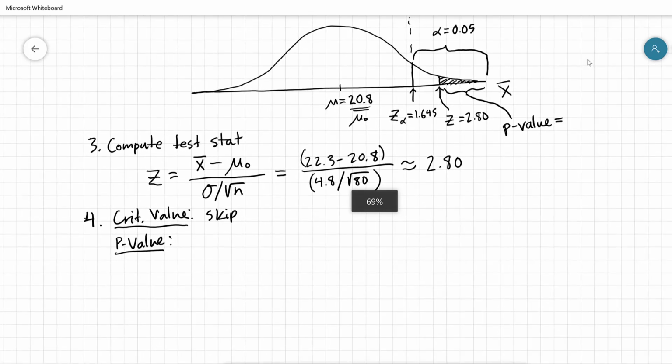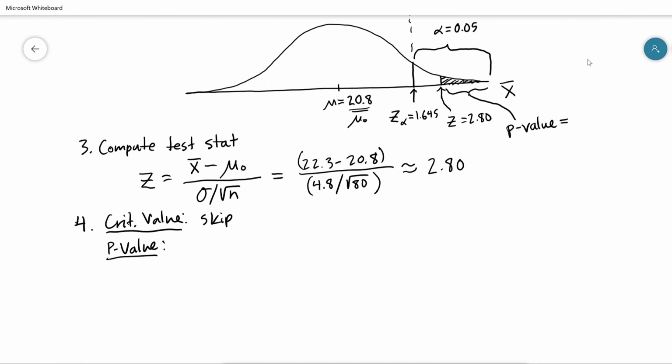We're going to be able to use table A2, so find the area to, in this case, the right of z equals 2.80, which is the p-value.